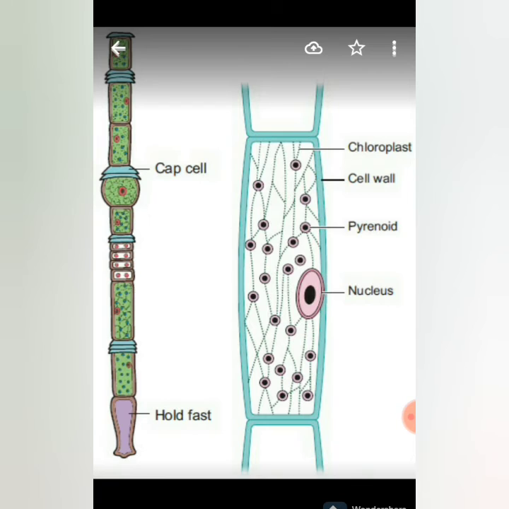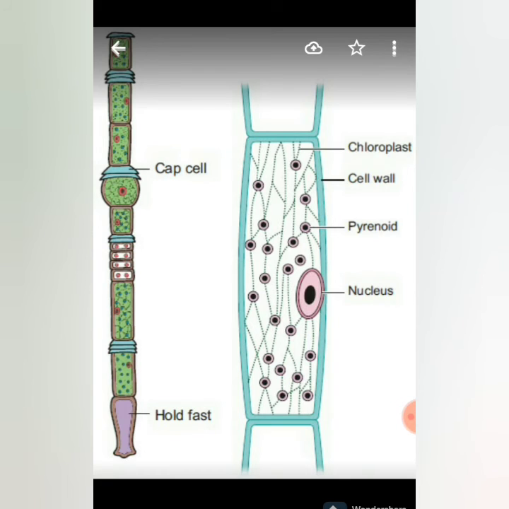And the cells contain many small or single large vacuoles, the single large vacuoles situated in the center, and these large vacuoles are actually filled with cell sap.